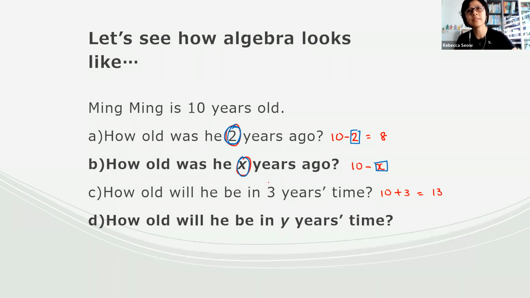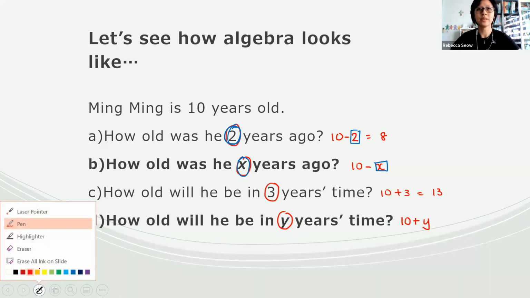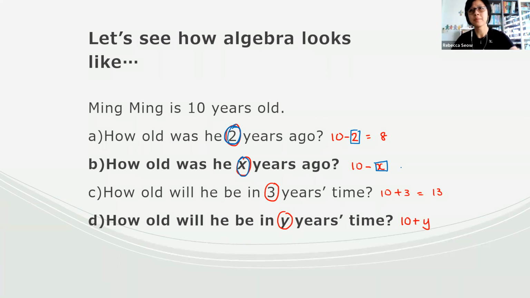The only difference is I changed my number 3 to Y. So in Y years' time means that he would be 10 plus Y years old. Okay? So you are able to see my 3 now is no longer 3. It has been changed to Y.